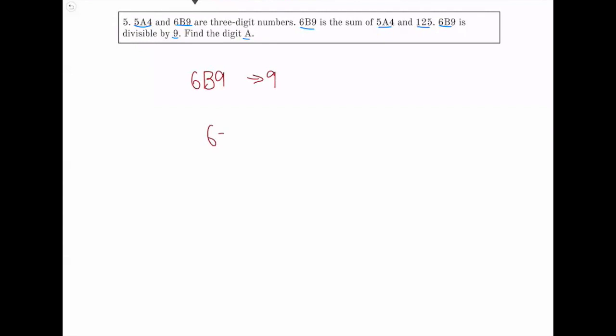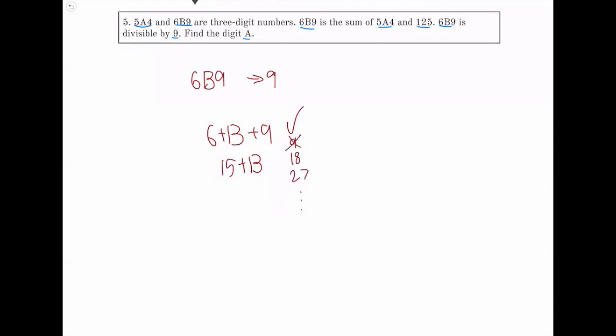When 6 plus b plus 9 is divisible by 9. 15 plus b has to be divisible by 9. When will this happen? The possibilities are that this has to be 9, 18, 27, etc.